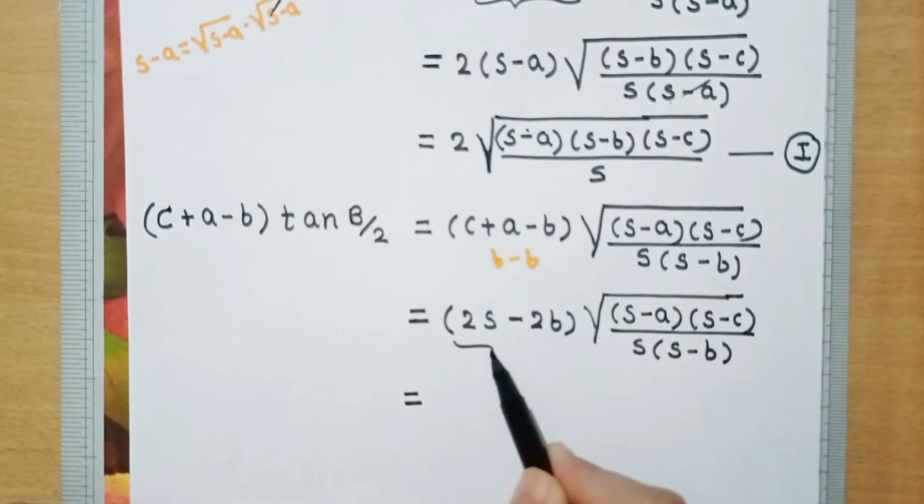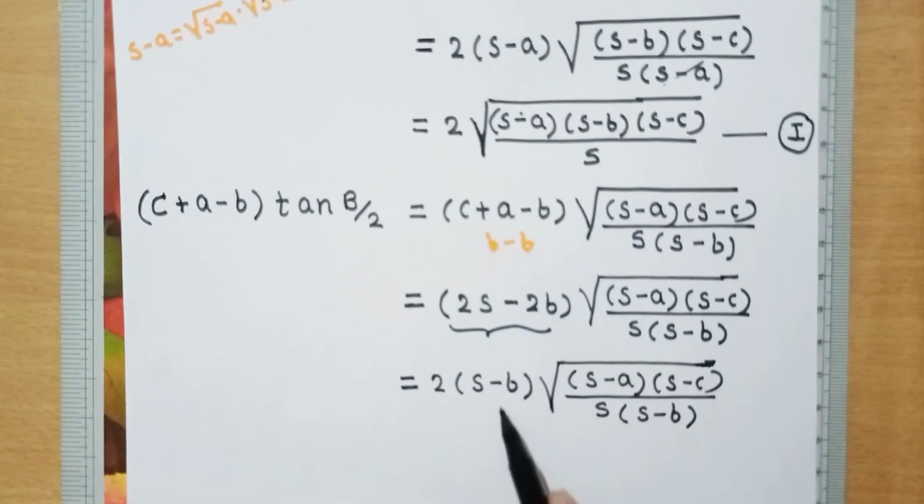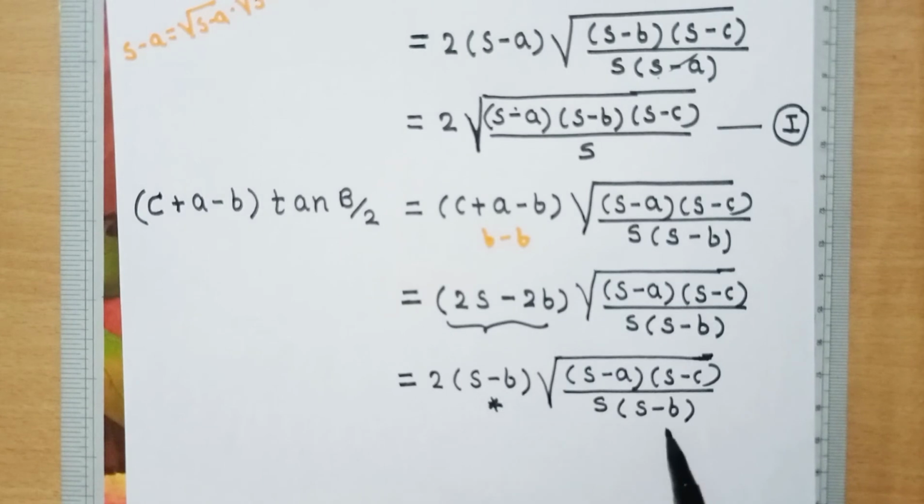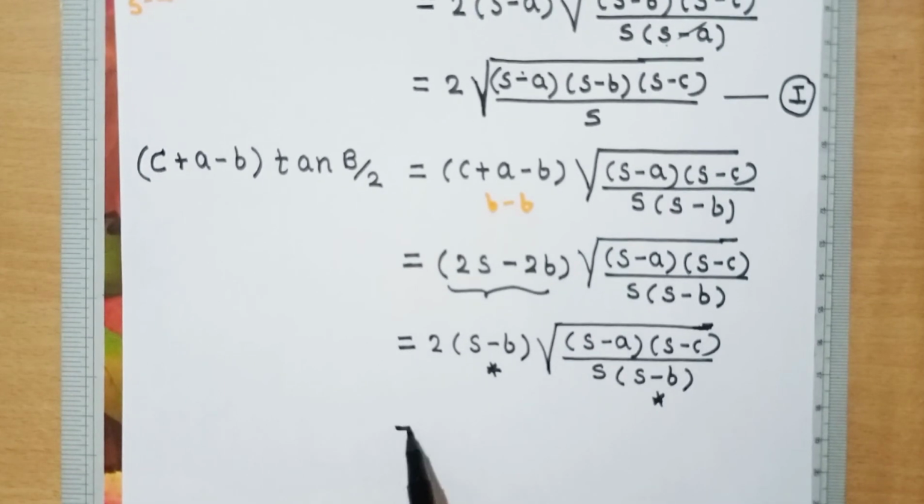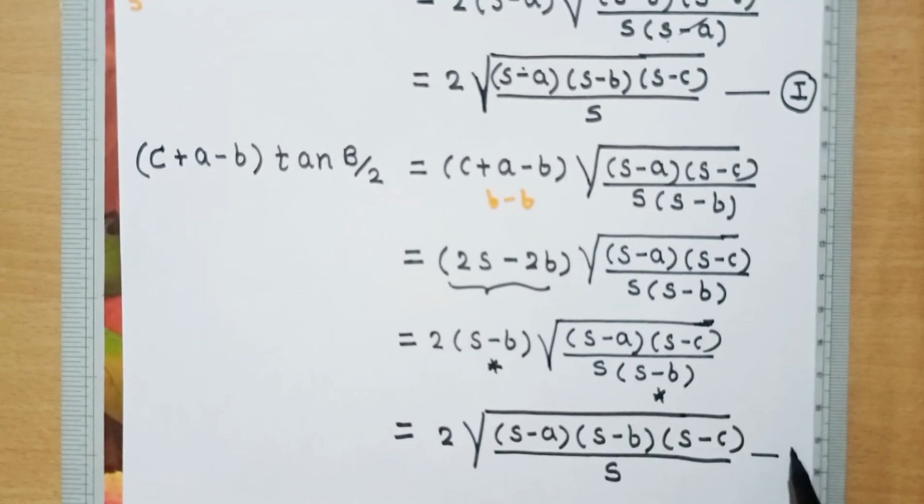Now again 2 common from these two terms. Now one root gets cancelled from this and this, and so we have 2 under root, and say this is the second one, which is same as the first one.